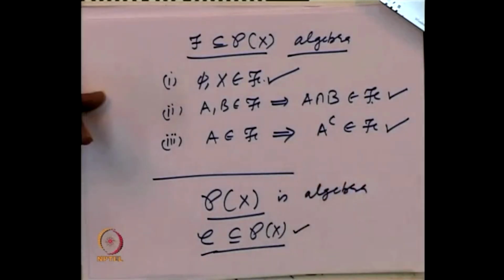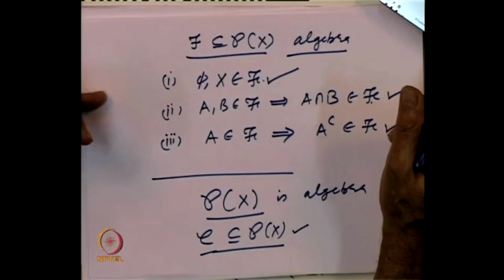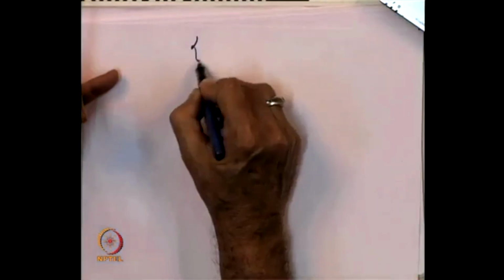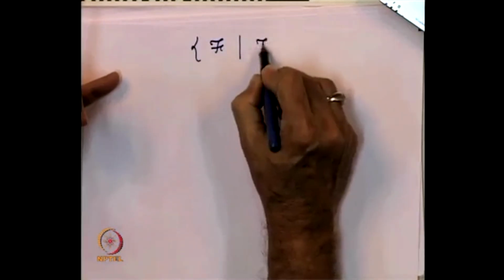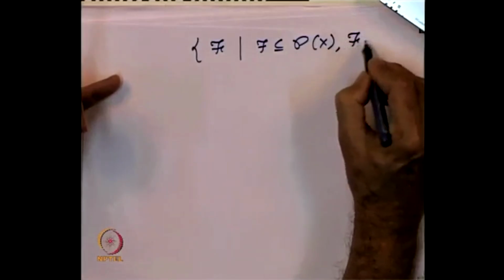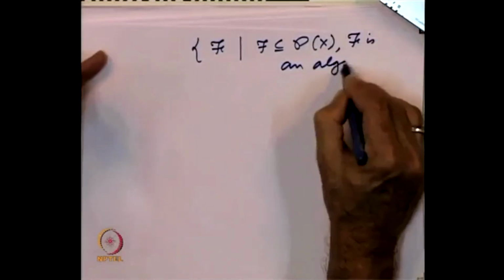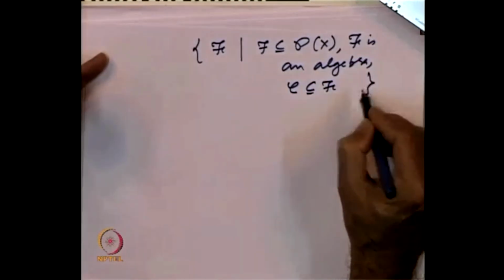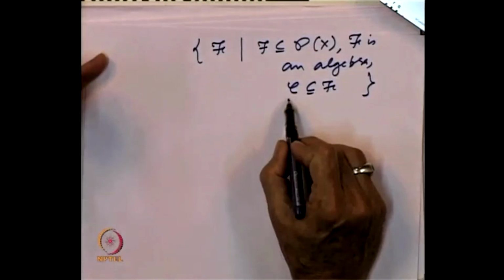So in some sense P(X) is the largest algebra of subsets of X which includes any collection C. So we should modify our question, namely, given a collection C of subsets of a set X, does there exist an algebra which includes C and is the smallest? To answer that question, let us look at the following. Let us look at the collection of all F such that F is a subset of P(X), a collection of subsets of X, and such that F is an algebra and C is contained in F. C is the collection which is given to us, which may not be an algebra.